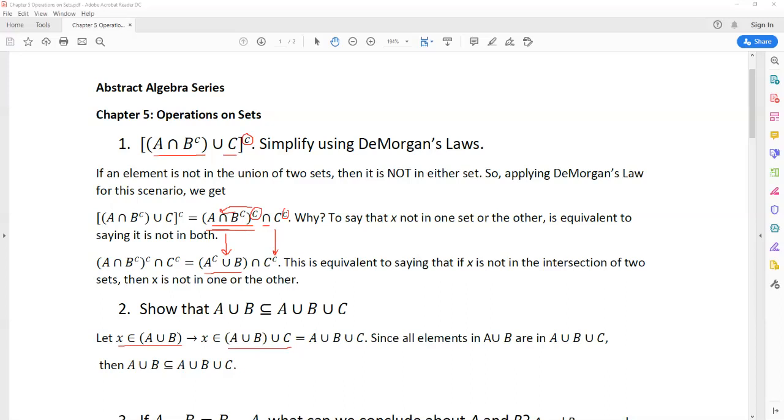If I clear out parentheses, I have now shown that X is an element of A union B union C. Every element in A union B is also in A union B union C, which makes A union B a subset of A union B union C.